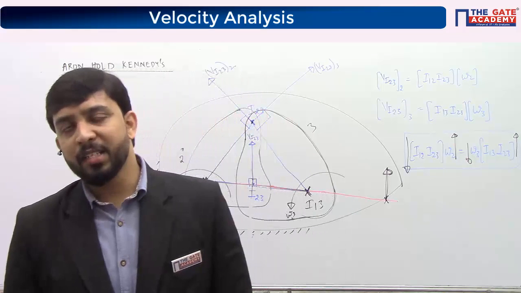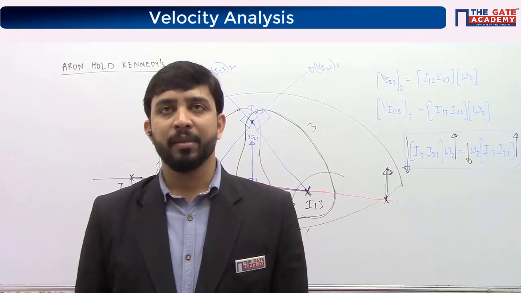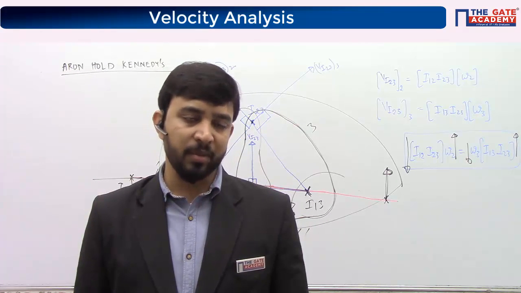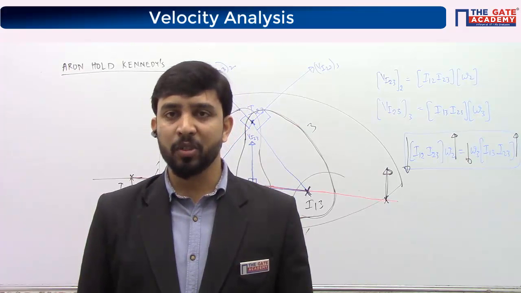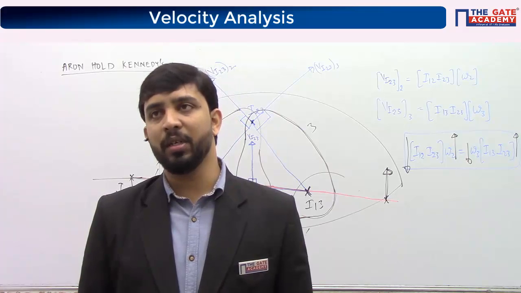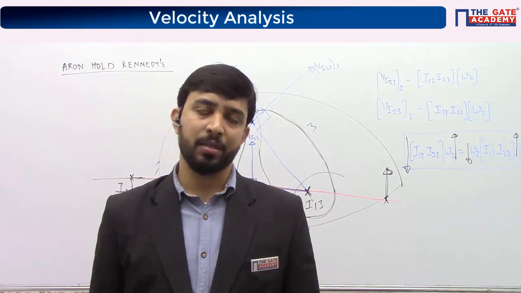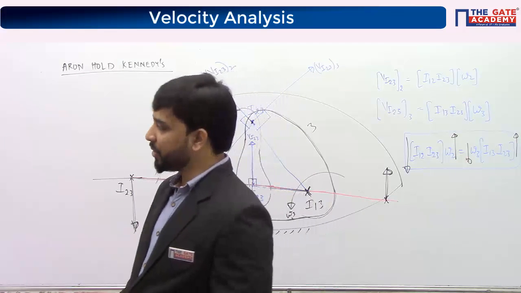Okay. If three rigid bodies have relative motion among themselves, then the three I centers will be collinear. If you pick any three bodies in a mechanism, and if there is relative motion among the three bodies, then the three I centers formed from them will be collinear. This is Aron's theorem.